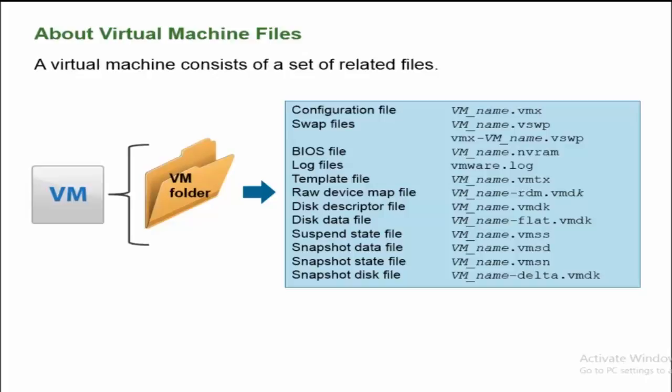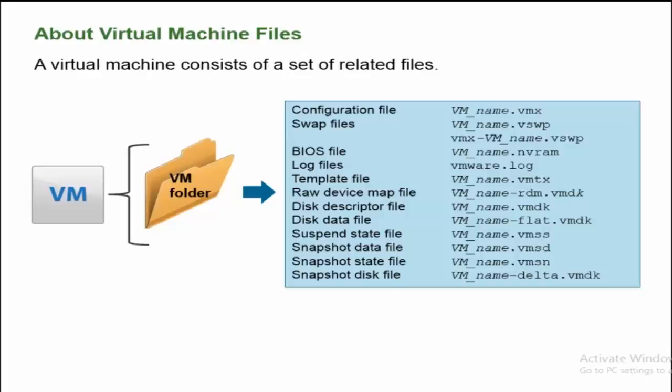So there is some overhead created by the VMkernel in order to power on a virtual machine initially. And the .vswp file is used when there comes the need of memory overcommitment, so that is the swap file used by the guest OS. And just like we have a BIOS in our operating system, likewise for virtual machines a BIOS file gets created, which is called NVRAM.